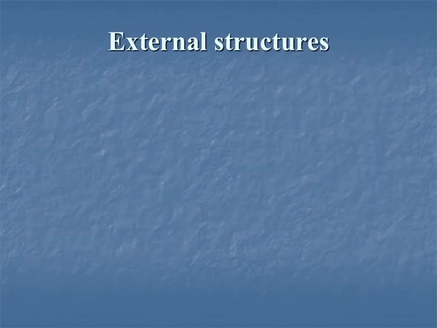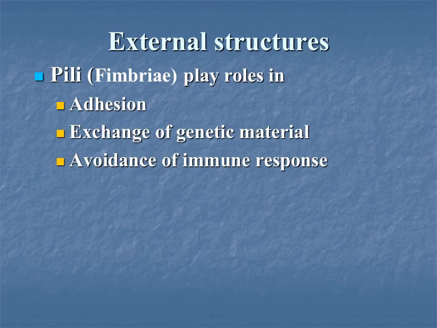External structures. There are several variants. Pili or fimbriae play roles in adhesion of the microorganism to the host cell, exchanging of genetic material, and in this case we name these pili F pili, because of fertility, and for avoidance of immune response.